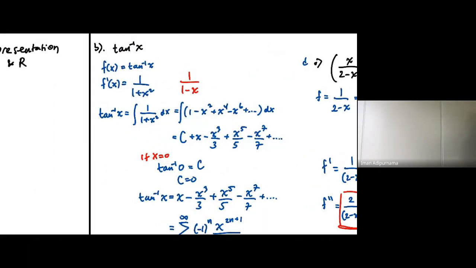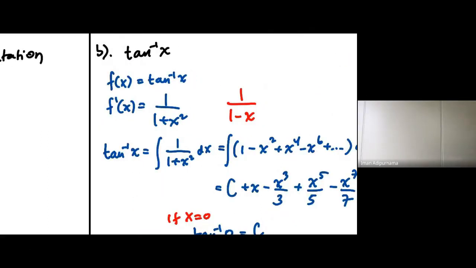Whenever you find any function, if you see any f of x equals something, you can think that the function can also be rearranged into a series. Based on what we have done here, for example, tangent inverse, we can look up that tangent inverse is the integration of this function.